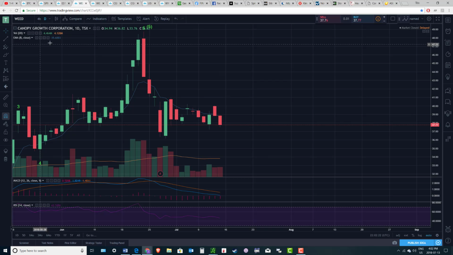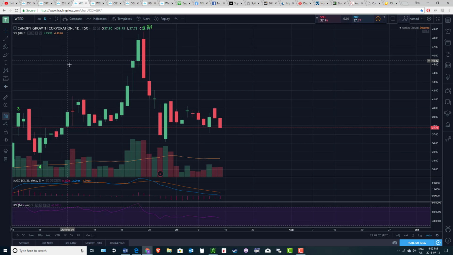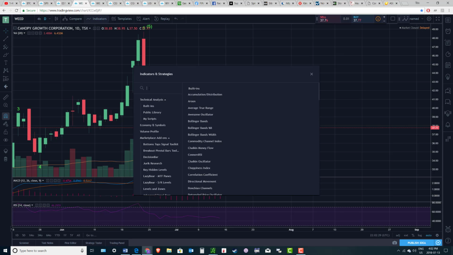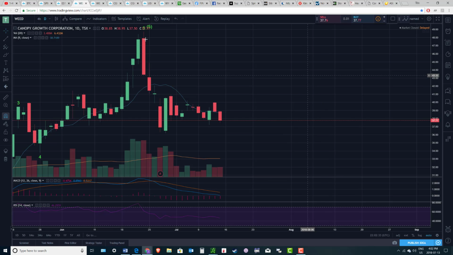And just on weed here, I'll get rid of this T-line for a moment, and I'll bring up the 50-day simple moving average. We'll get the 50-day period on here.